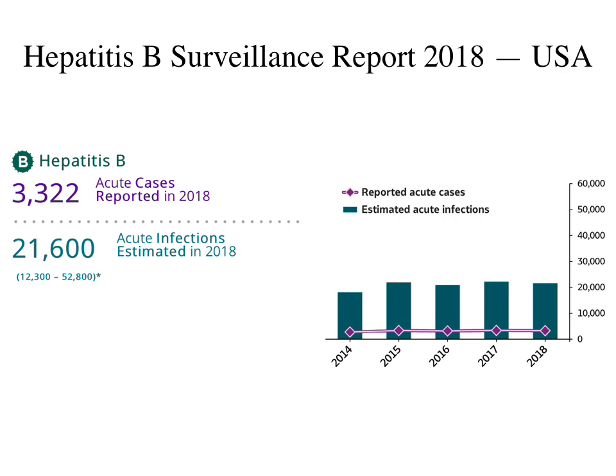Among 28 jurisdictions with data available, hepatitis B-associated death rates increased in 11 jurisdictions from 2017 to 2018.